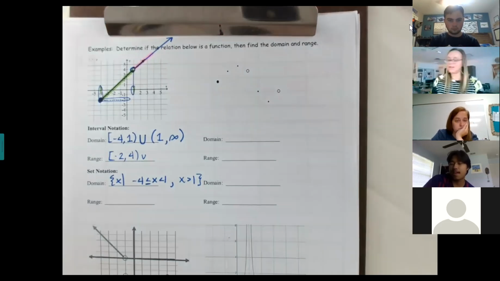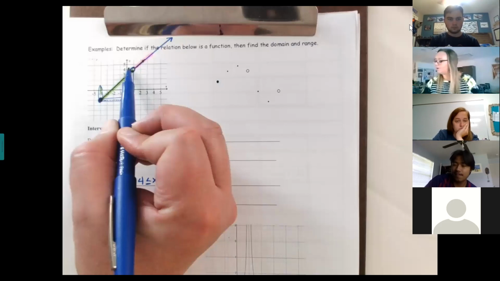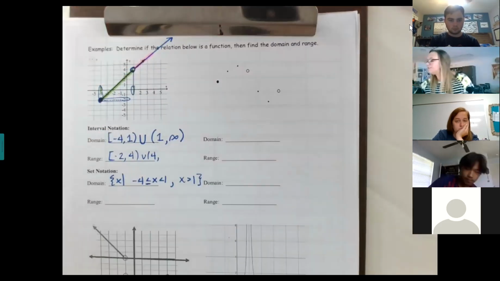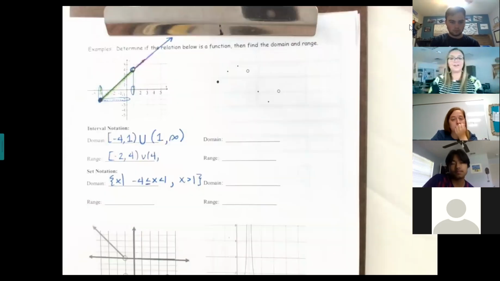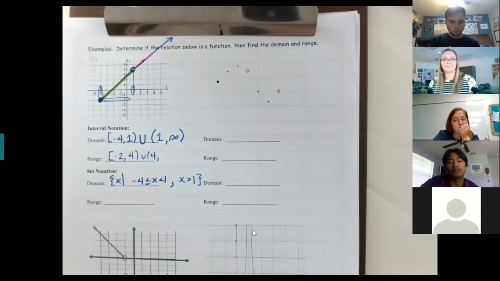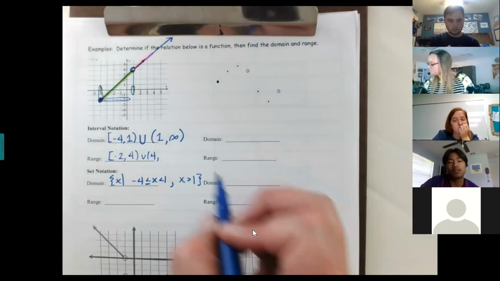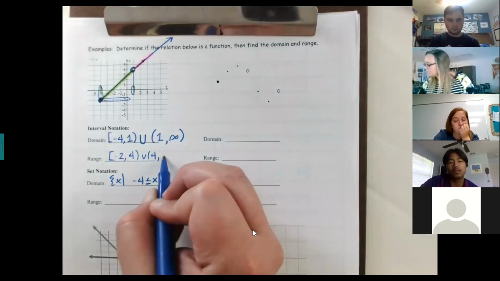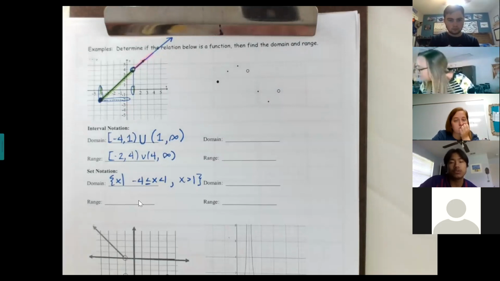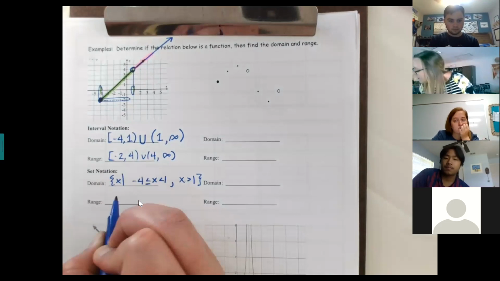For my pink chunk up here, it starts at a height of 4. And then if this side goes up forever and ever because it has an arrow on it, then that means that I would put an infinity for that. And then remember, infinity is always open. Okay, then for my range, I would convert that. So -2 to 4, that's going to be your compound.